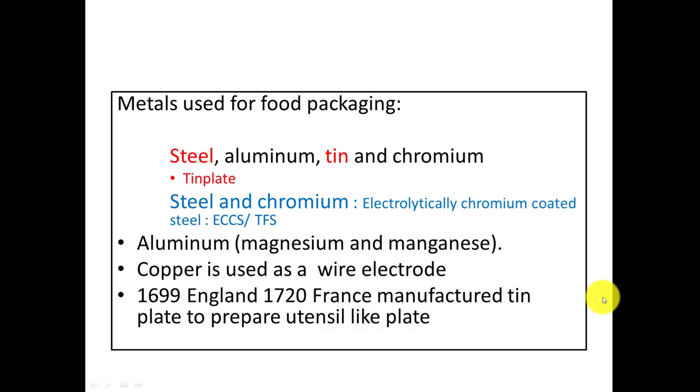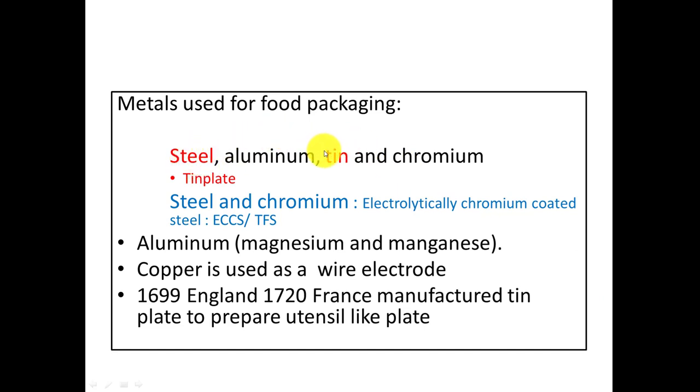If we talk about the different types of metals used for food packaging, there are basically four metals. Number one is steel, number two is aluminium, three is tin, and fourth is chromium. Generally they are used in combinations.